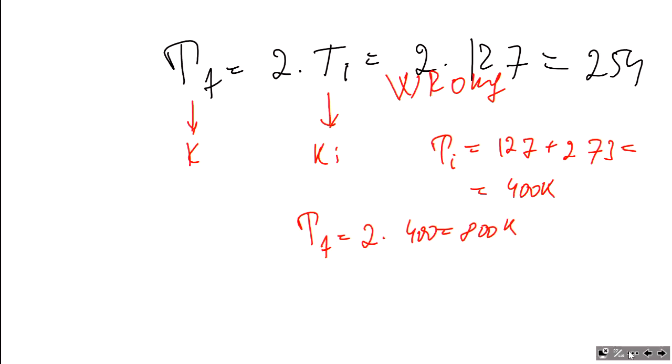And now we can calculate the final temperature in Celsius. Six, 527. Again, pay attention to units.